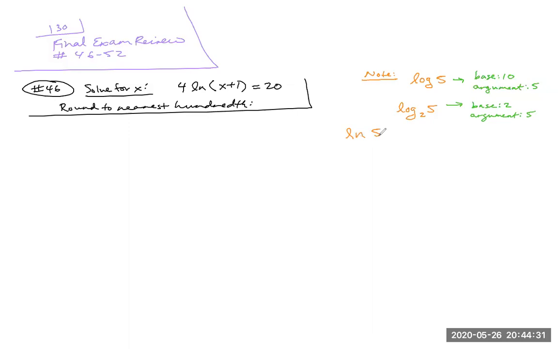Okay, ln is the same thing as log base e. So in this case, your base is the irrational number e, and your argument would still be 5.